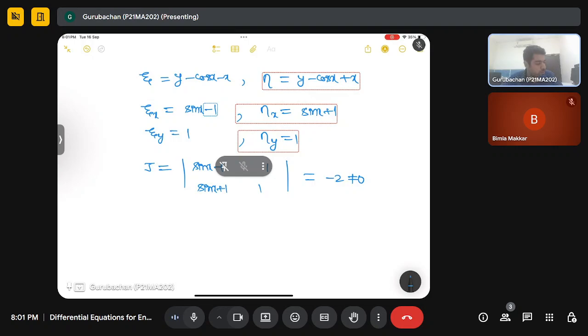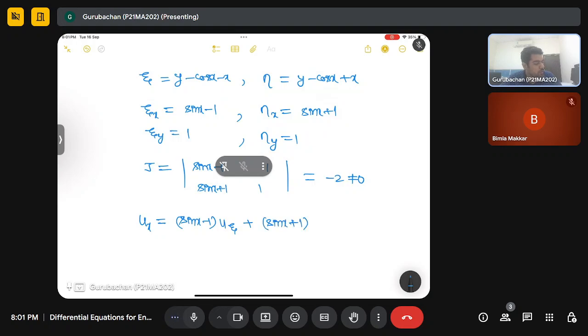Now we have to calculate ux, uy, and as per the equation we need to calculate uy also. So ux will be u xi and xi x, that is sin x minus 1 u xi plus sin x plus 1 u eta.